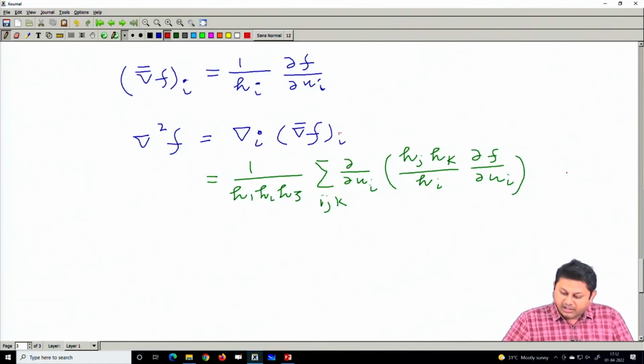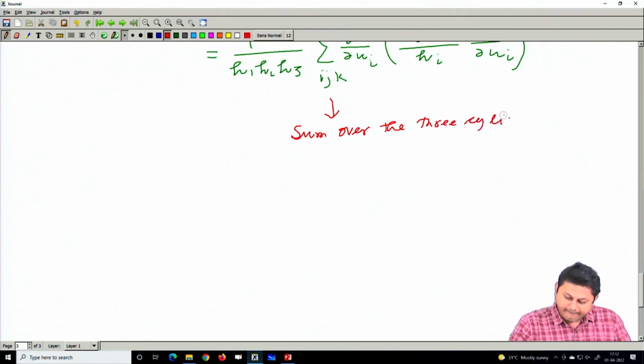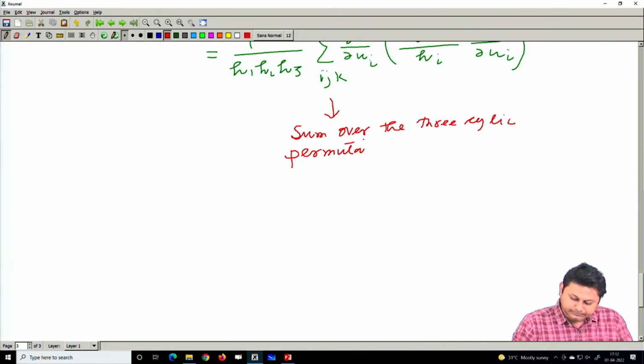So, this is a sum over the 3 cyclic permutations of 1, 2, 3.